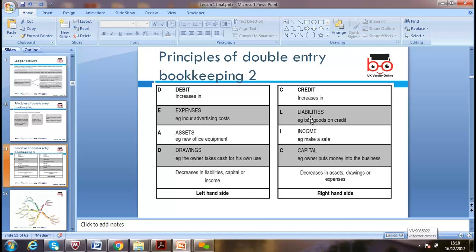Income means any sales we're making, any income we get, we always put on the credit side as well. And capital, any money we are investing more in the business, we also put on the credit side in the accounts. We call this debit and credit, so both sides should be equal. When we are investing money, it means capital is increasing, and on the other side cash as an asset is increasing. So debit and credit will automatically be equal.